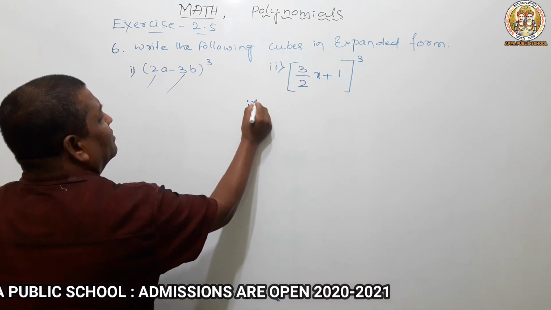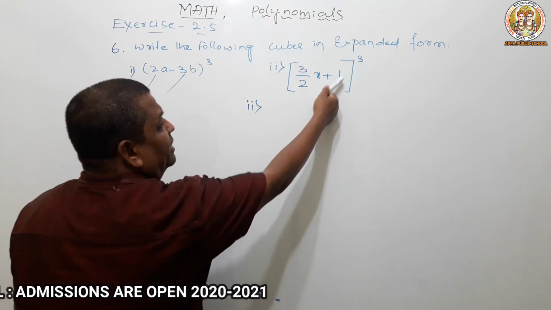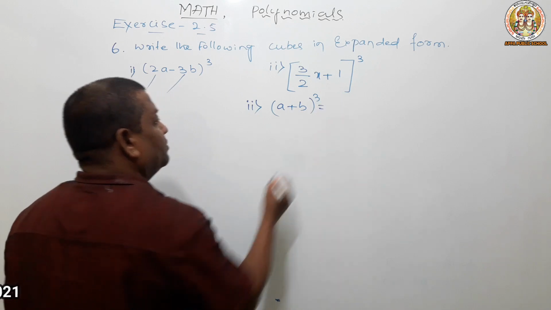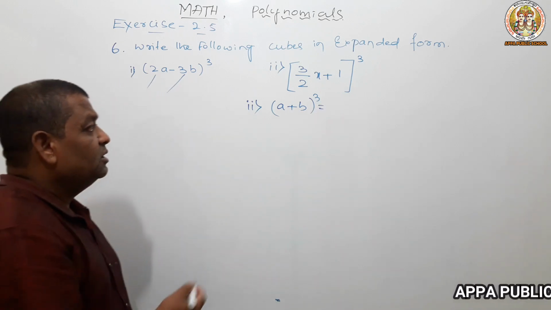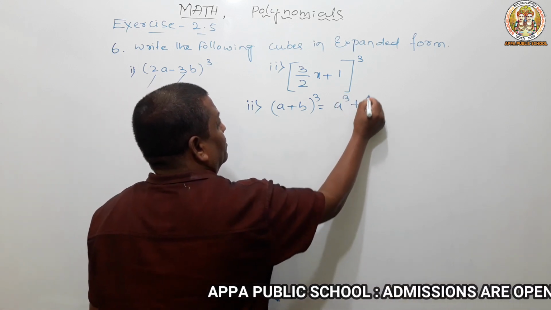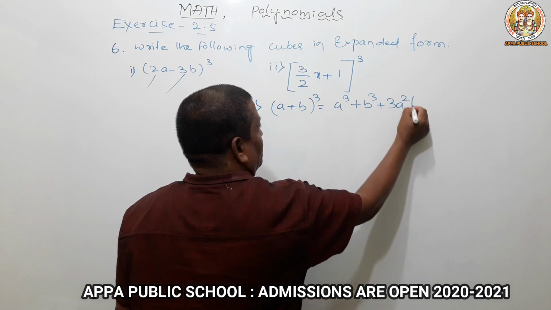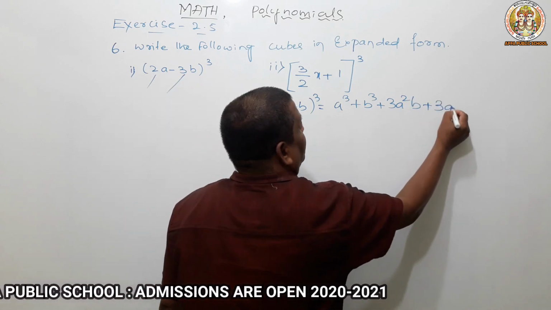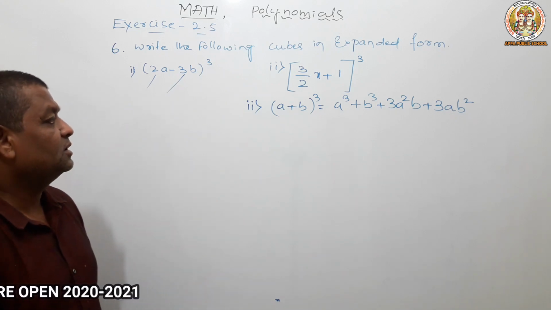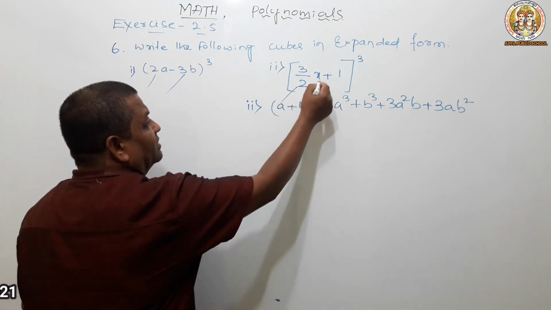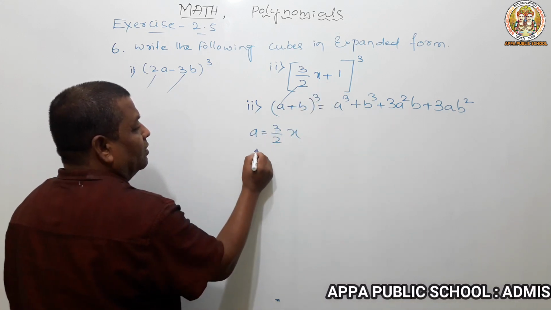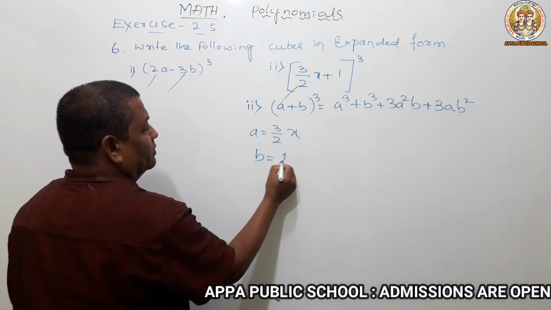Once again, the second one is (a plus b) whole cube. Here I will write the expansion form directly: a cube plus b cube plus 3a square b plus 3ab square. Because of plus you can write directly, no problem. Right. What is next? As usual, find the values of a and b. a is equal to 3 by 2x, b is equal to 1.